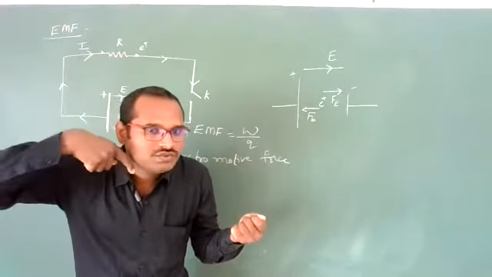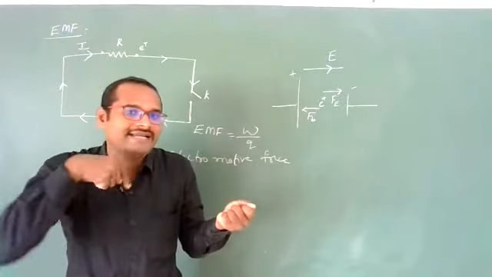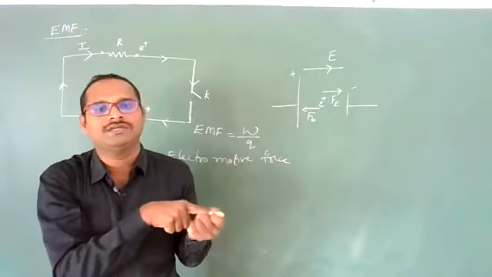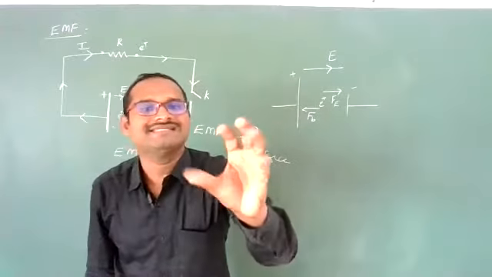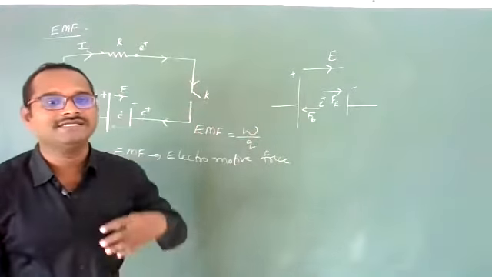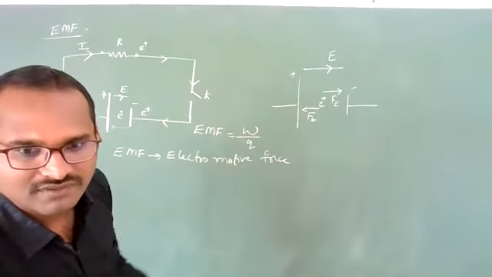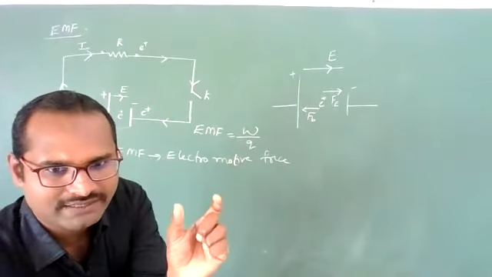Due to that, the battery has to perform more work. The battery has to spend more energy on that electron, and the electron will gain somewhat less energy. The energy gained by the electron, I am not saying. The energy spent by the battery is EMF. I hope you got some idea on that.